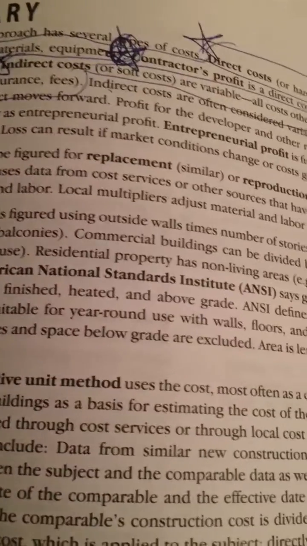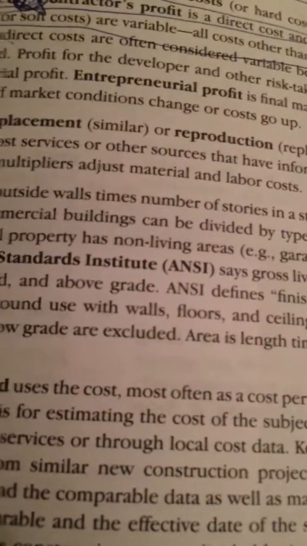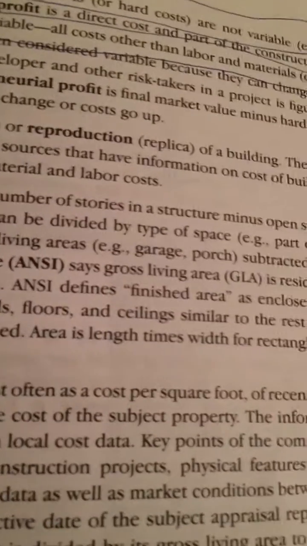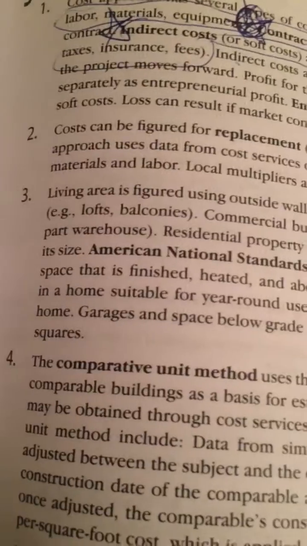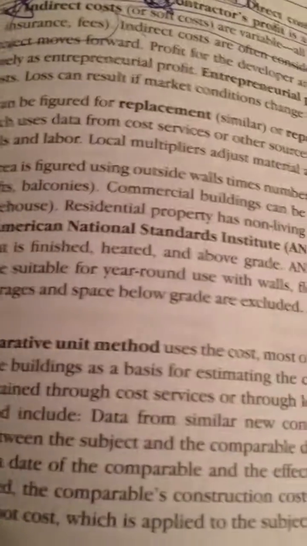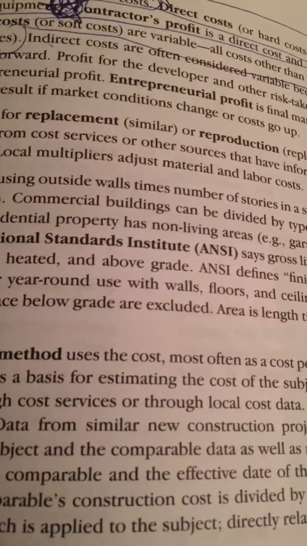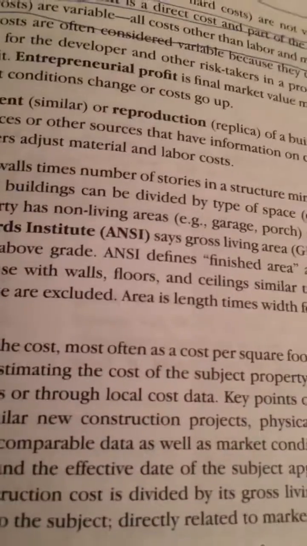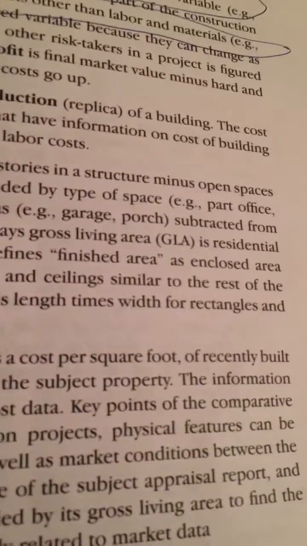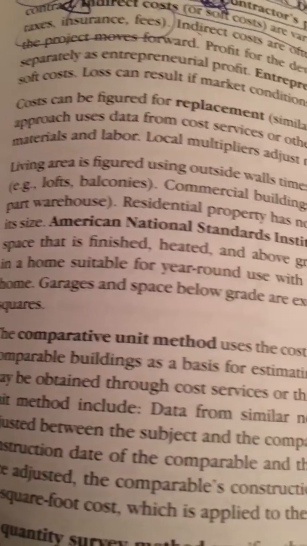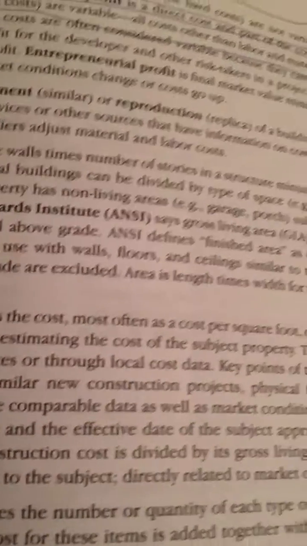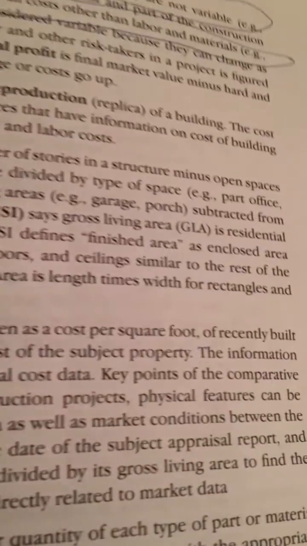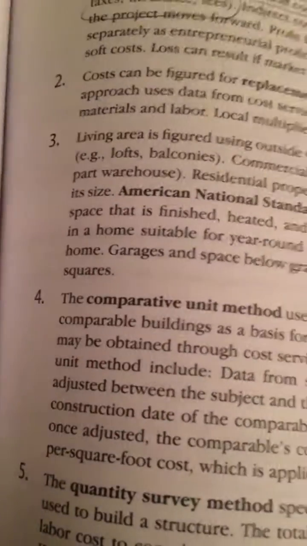American National Standards Institute, ANSI, says gross living area, GLA, is residential space that is finished, heated, and above grade. ANSI defines finished area as enclosed area in a home suitable for year-round use with walls, floors, and ceilings similar to the rest of the home.